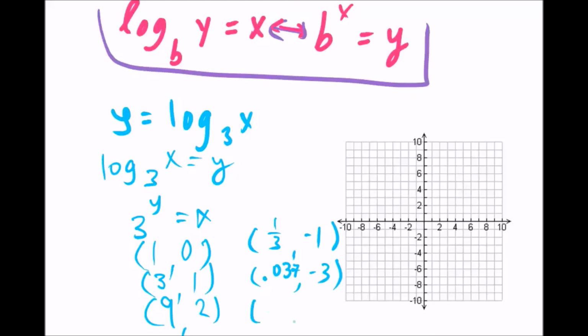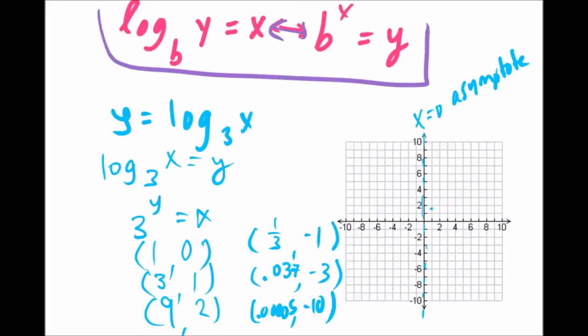So what you're going to notice is it's going to get really, really close to x equals 0, but it's never actually going to touch x equals 0. So let's put in negative 10. So we'll do 3 to the negative 10, and we get 0.00005. So it'll never actually touch 0. So x equals 0 is the asymptote for these types of functions.